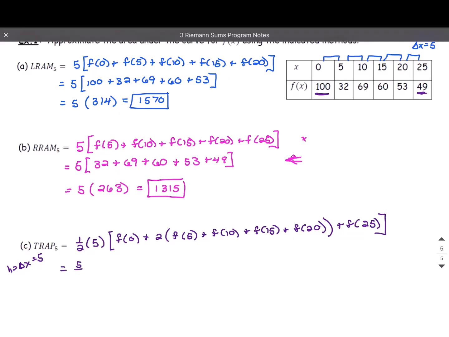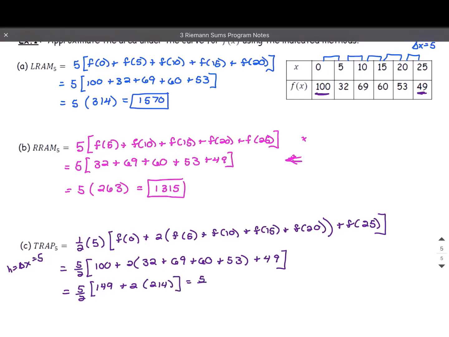So that's 5/2 times f of 0 was 100 plus 2 times 32 plus 69 plus 60 plus 53, plus 49, and then that's 5/2, and we're going to have 149 plus 2 times 214 is 5/2 times 149 plus 428, which is 5/2 times 577.